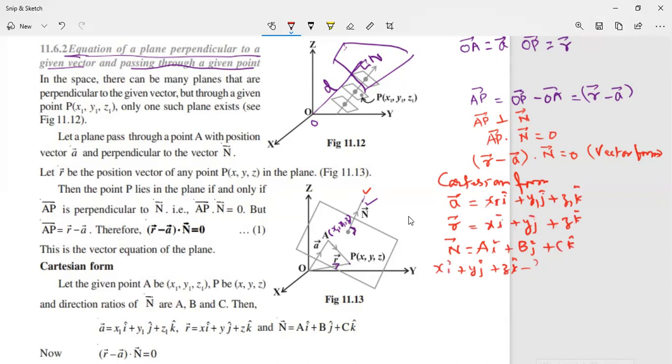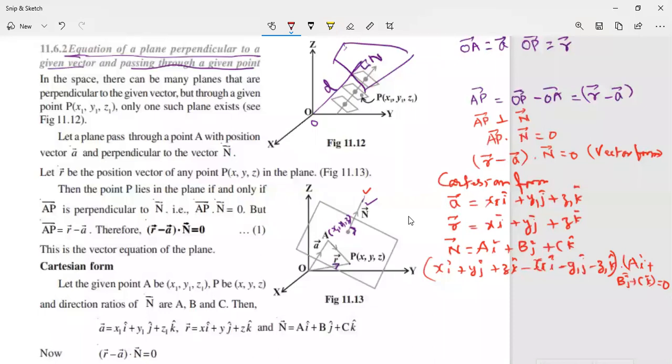It is (x i plus y j plus z k) minus (x1 i plus y1 j plus z1 k), dot product with A i plus B j plus C k, is equal to 0.